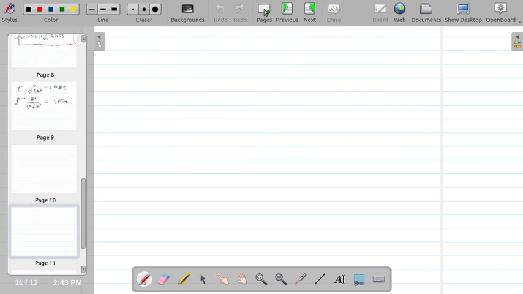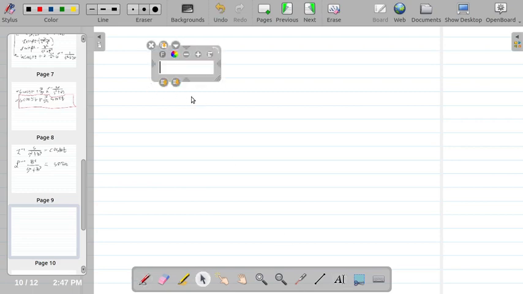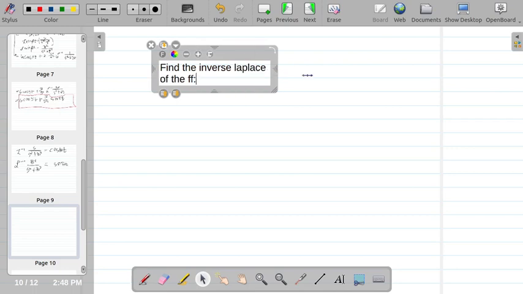So next, for your assignment, find the inverse Laplace of the following.